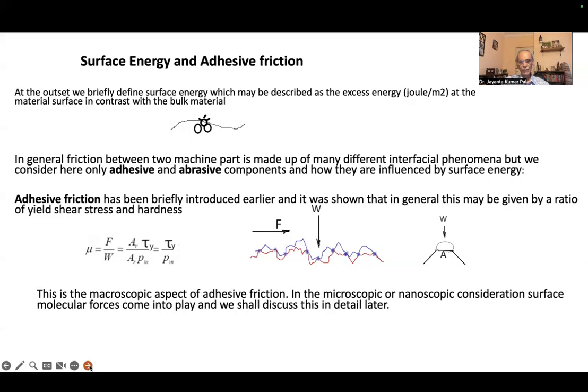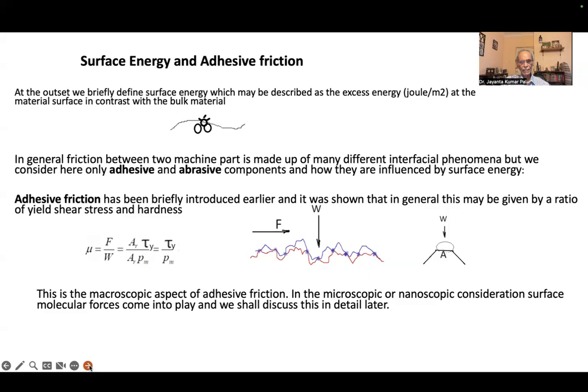But there are two main types of friction that we consider here, the adhesive and the abrasive. So going to adhesive friction, we can write that the coefficient of adhesive friction is F by W. In the picture, F, as we discussed, is the force required to break those bonds.